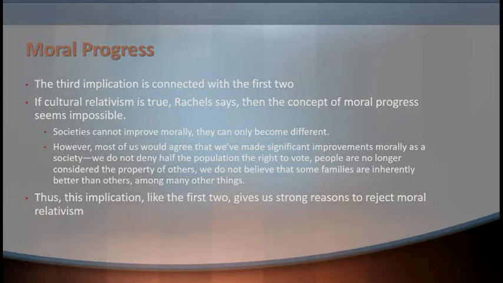For example, and I'm speaking of American culture here, since it's the one that I belong to, it's the one in which I'm teaching, or at least it's the context in which I'm teaching. Well, in American society, we no longer deny half the population the right to vote. People are no longer considered the property of other people. We don't believe that some families are inherently better than others because of things like rights of nobility or divine mandates.